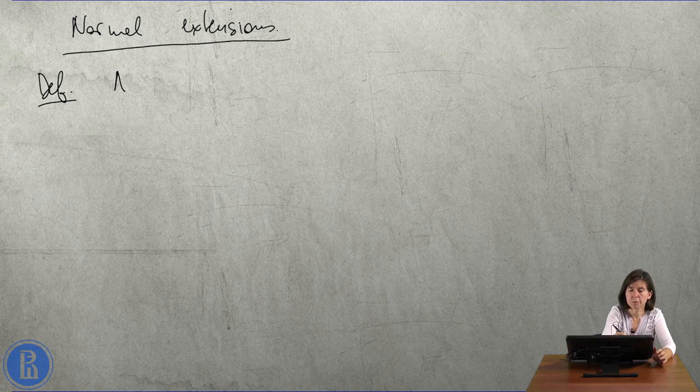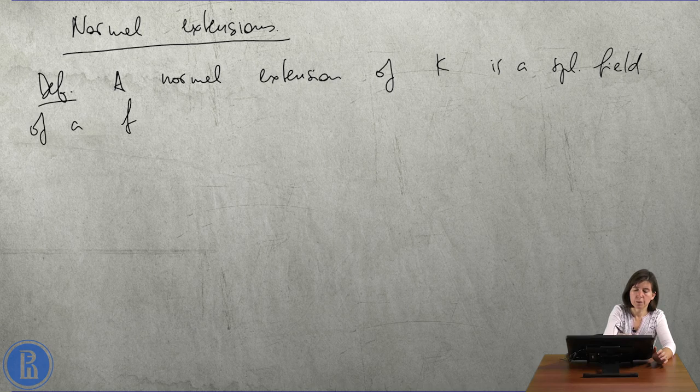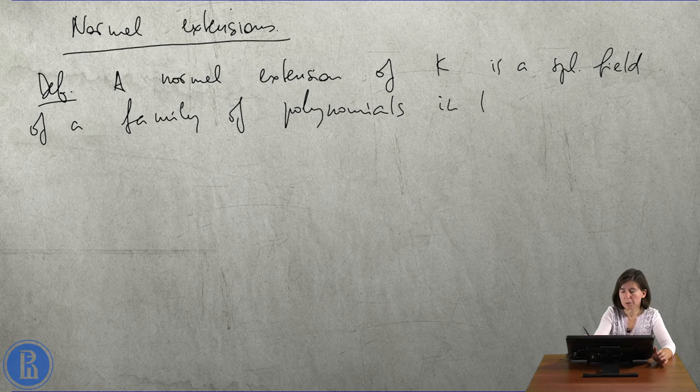A normal extension of K is a splitting field of a family of polynomials in K[x]. So we take a bunch of polynomials in K[x] and we adjoin all their roots to K, and this is what is called a normal extension. For instance, a splitting field of one polynomial is also a normal extension.